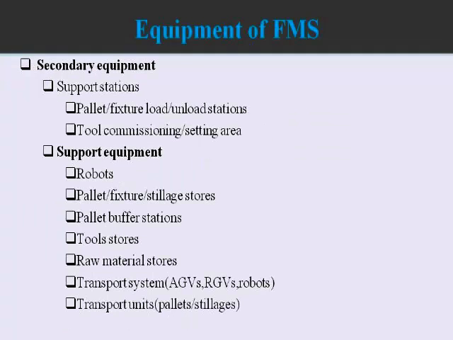Coming to the secondary equipment, we need support stations like pallet fixtures, loading and unloading stations, tool commissioning and setting stations or areas, and supporting equipment like robots, pallet buffer stations, tool stores, tool loading places, raw material stores, and transportation of parts by AGVs, RGVs and robots, with transport units like pallets and stillages.